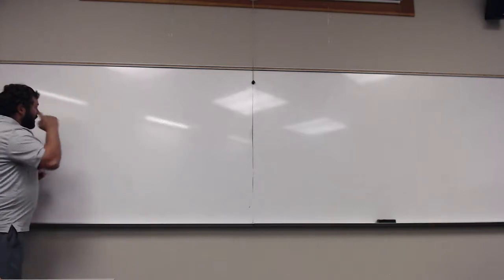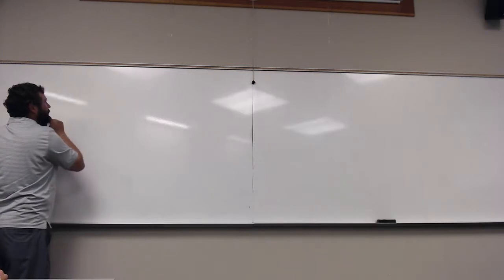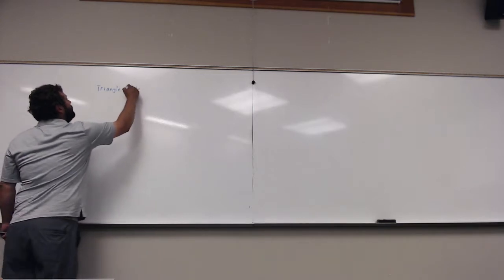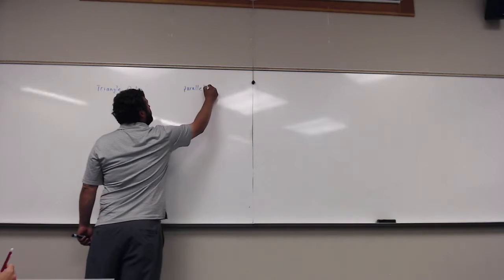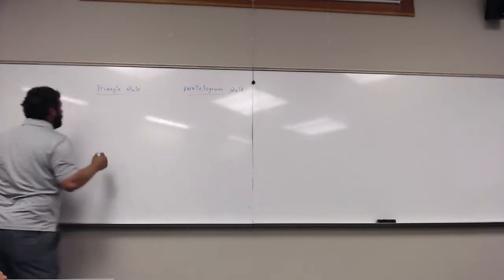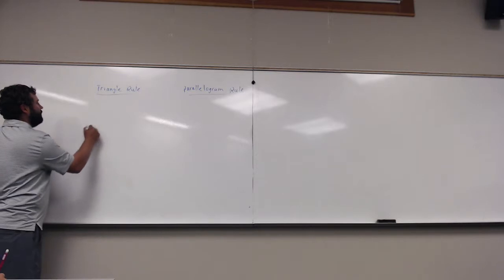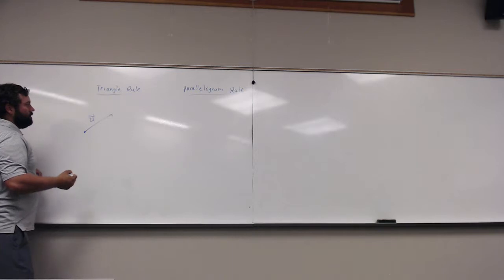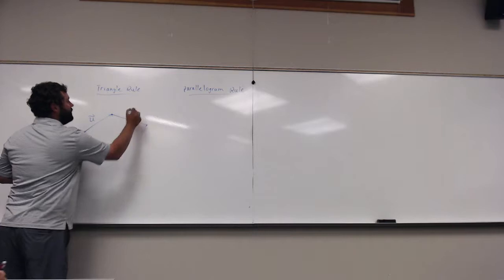And then the other thing, we're going to use this today: you have the triangle rule or the parallelogram rule. For the triangle rule, if you want to add two vectors together, you take the first vector u, and then you place the tail of the second vector at the head of the first, so maybe that's the vector v.